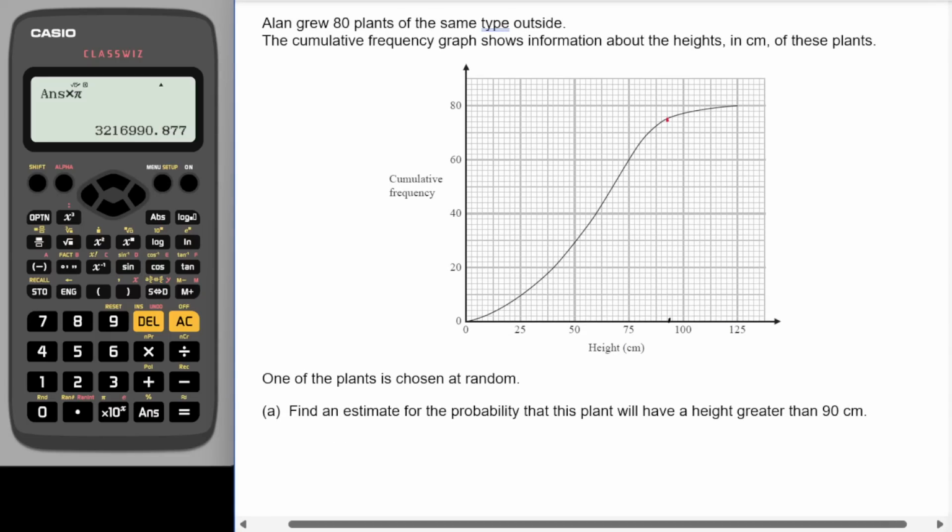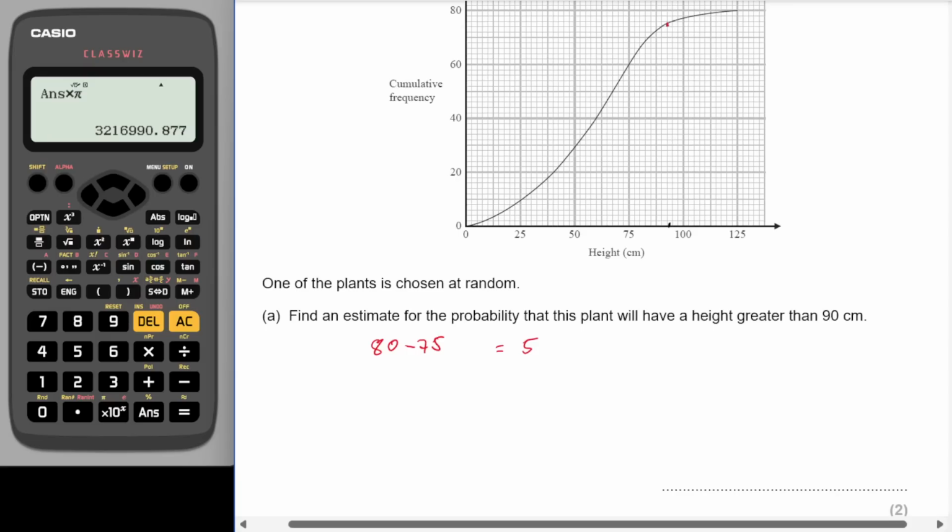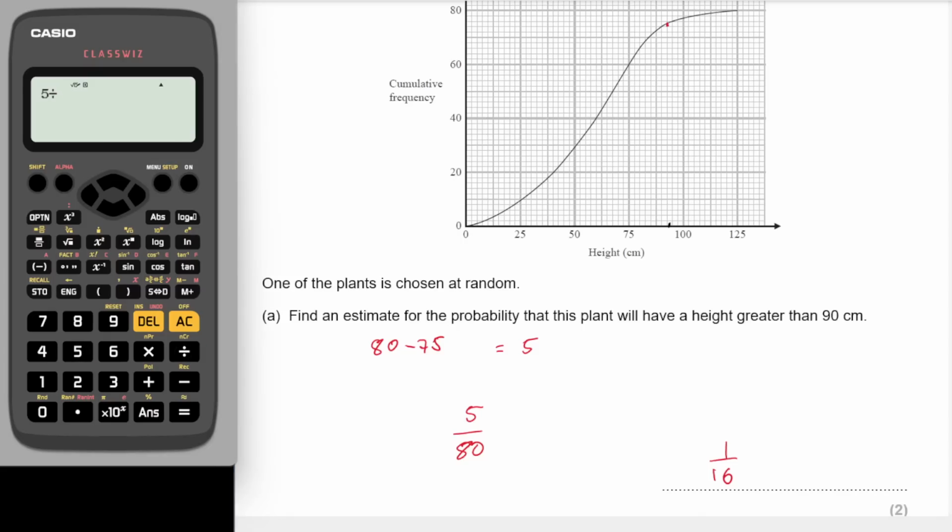So we'll go 75, so 80 minus 75 is 5, so we're looking at 5 over 80, which would be 1 over 16. And the mark scheme says we can accept 5 or 6, so 6 over 80 or 5 over 80. Just double check.